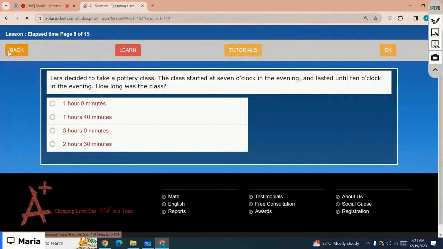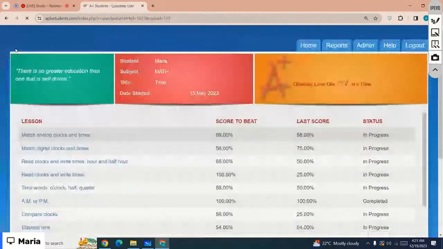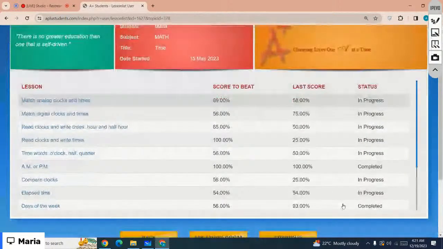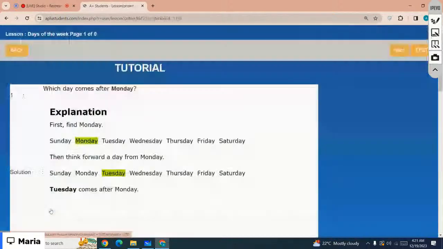And the next lesson is days of the week, right? Okay, so there are 7 days in a week. They are Sunday, Monday, Tuesday, Wednesday, Thursday, Friday, and Saturday, right?